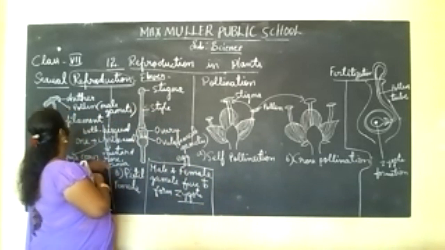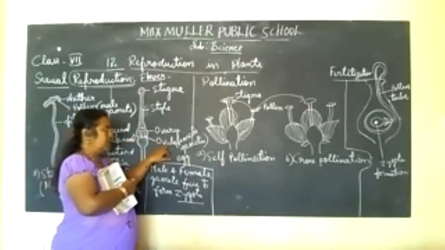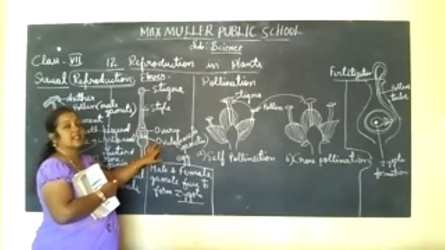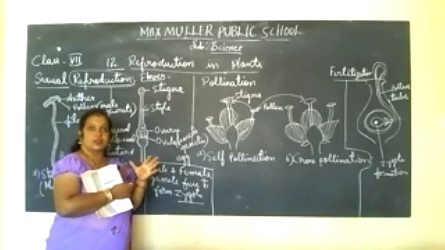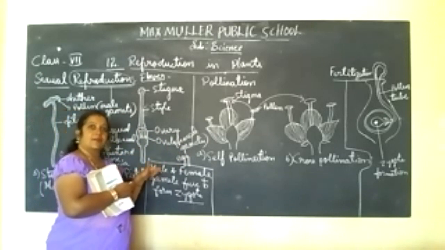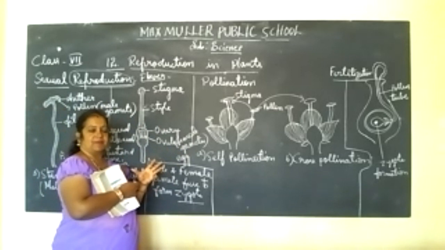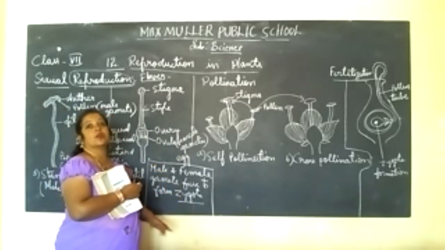Now I told you the pollen grains are the male gametes and the ovule is the female gamete. When the ovule and pollen grains combine, that means they fuse and mix together, that stage of sexual reproduction we will call zygote formation.